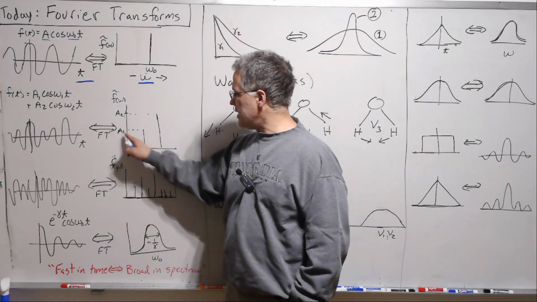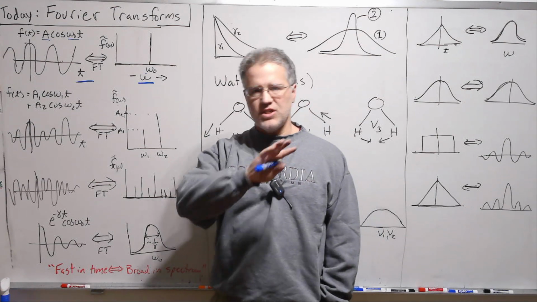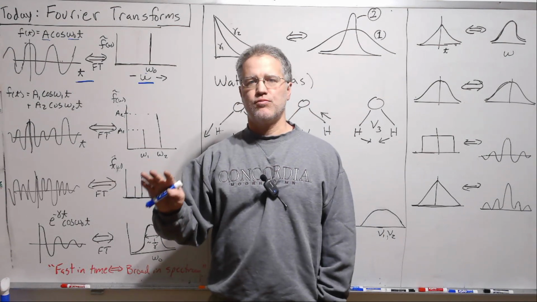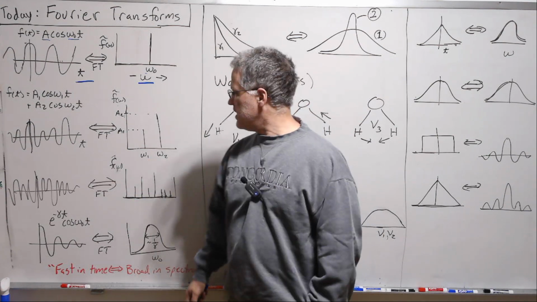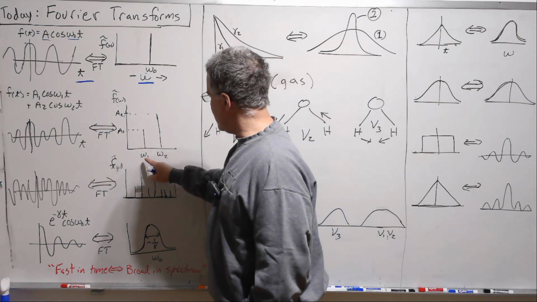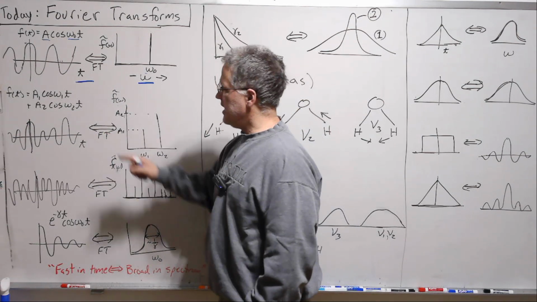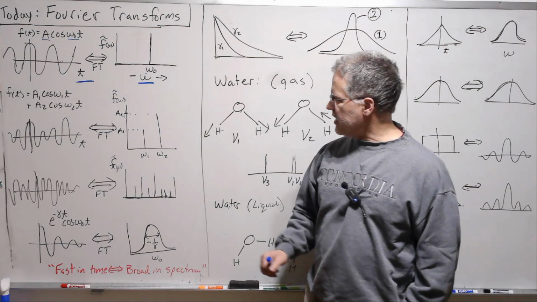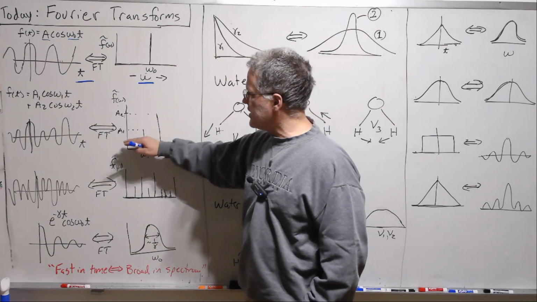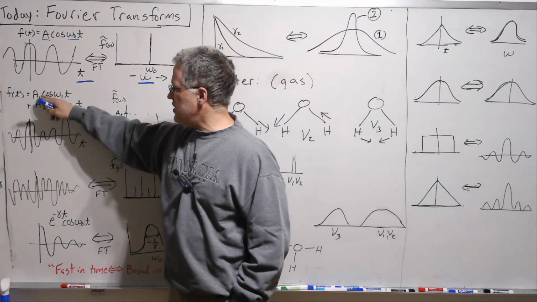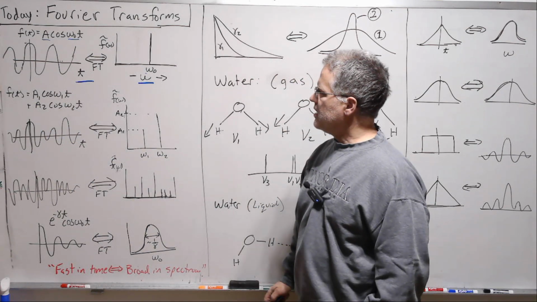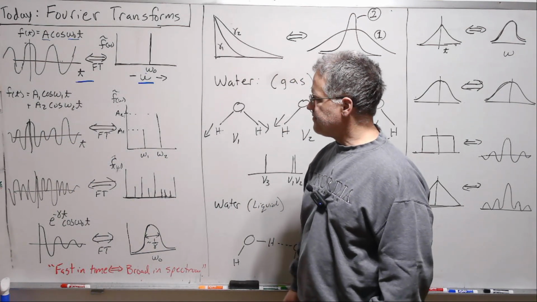But if you Fourier transform it and plot the frequencies that are present in this function, you get just two spikes. And so it's very, very clear. And the heights of these spikes are equal to the contribution of each type of cosine or sine.